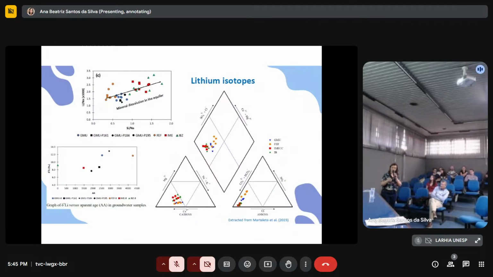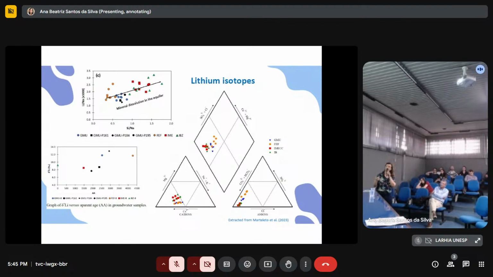So from the paper, we can see that, especially here, GMU and FEF, the two wells that are really near to each other, they kind of form a group here in this area. And IBZ and IMEC, the other ones, the two wells that deliver modern water, they group here. They are the green and the red colors here. So this is something that we knew before we got the money from FAPESP.